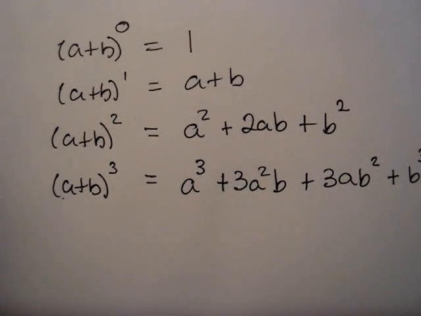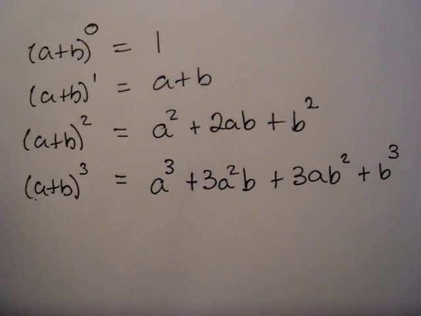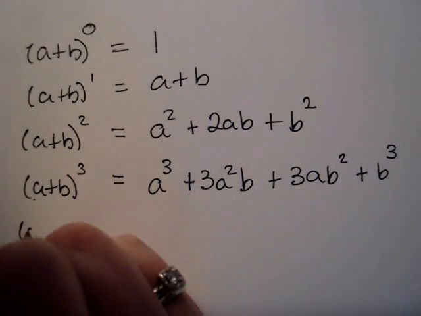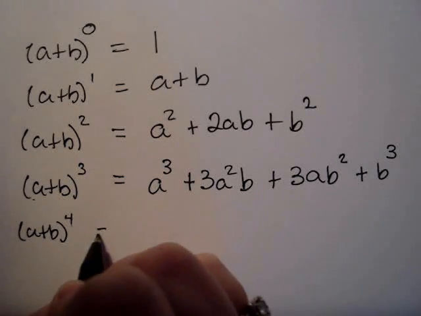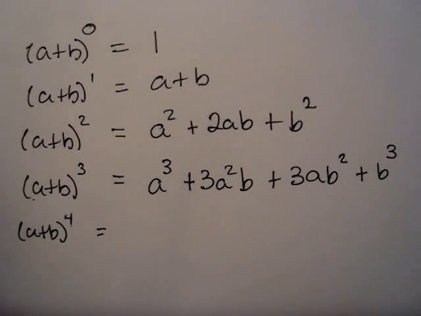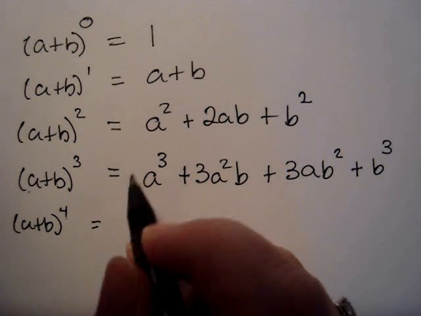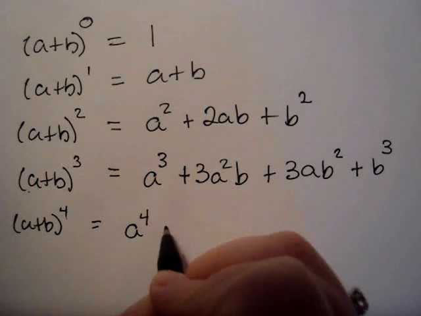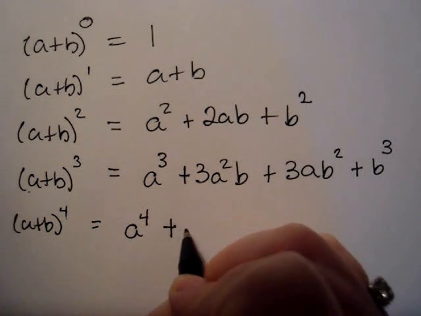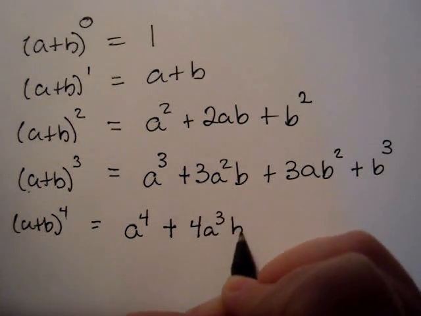Interesting. Okay, let's do a plus b to the fourth. Again, before we would have to multiply a bunch of stuff out. It would take a long time. There would be a lot of terms. Maybe you'd screw something up. So if you know the pattern from the binomial theorem, you automatically will know that the answer is a to the fourth plus 4a to the third b.